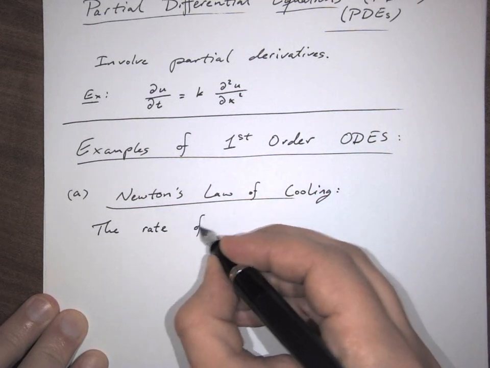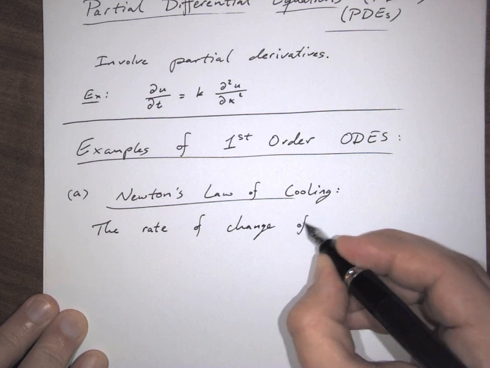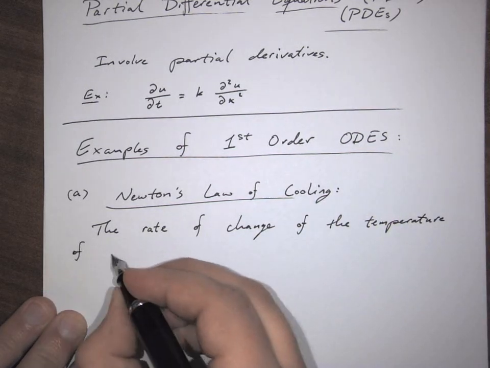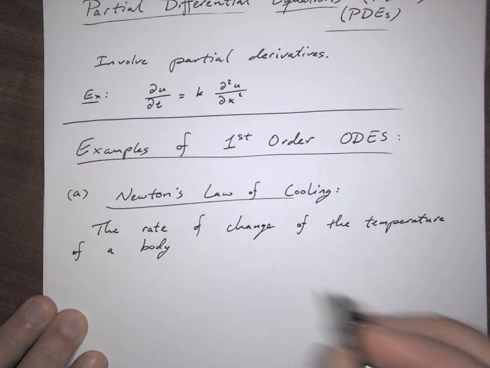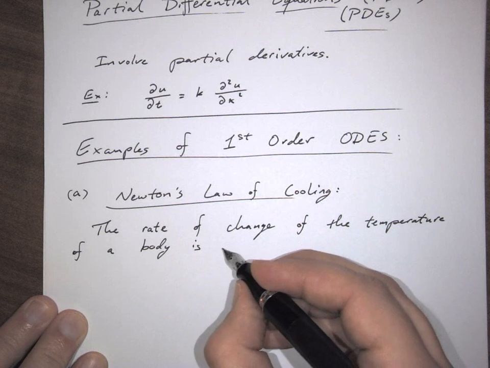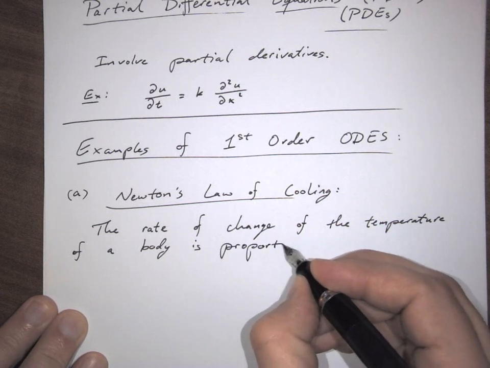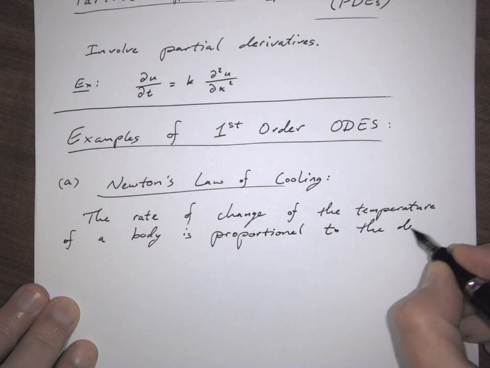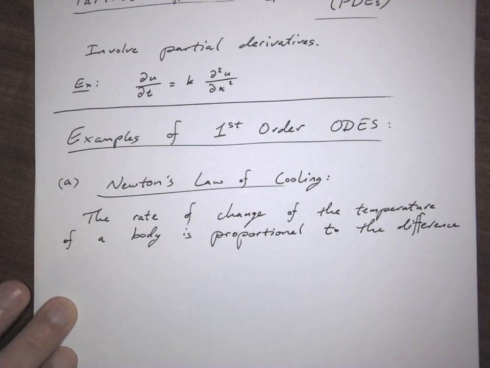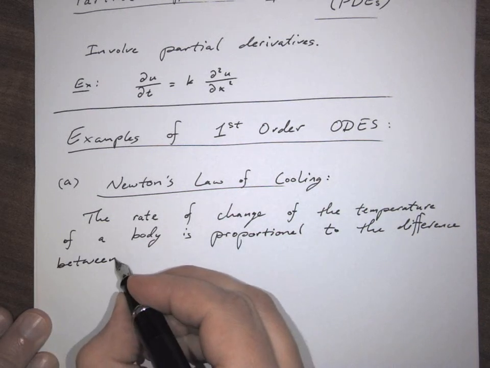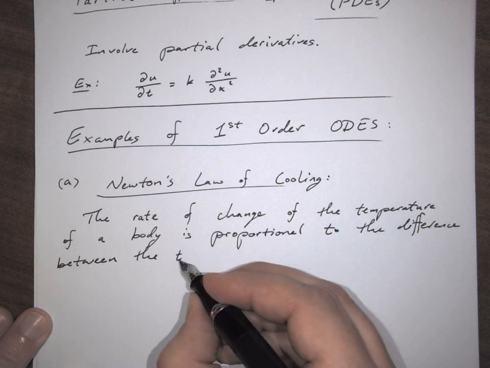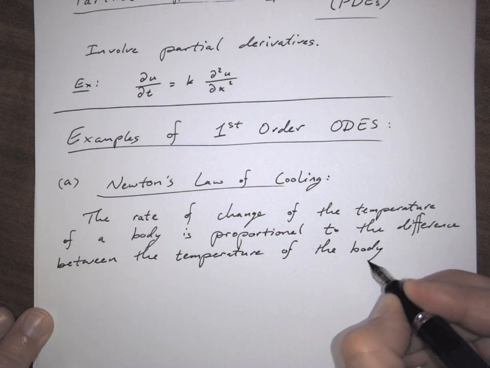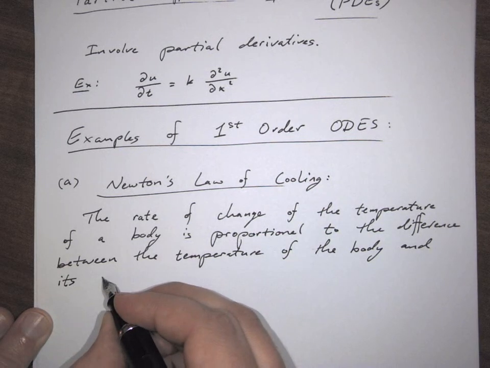The rate of change of the temperature of a body is proportional to the difference between the temperature of the body and its surroundings.